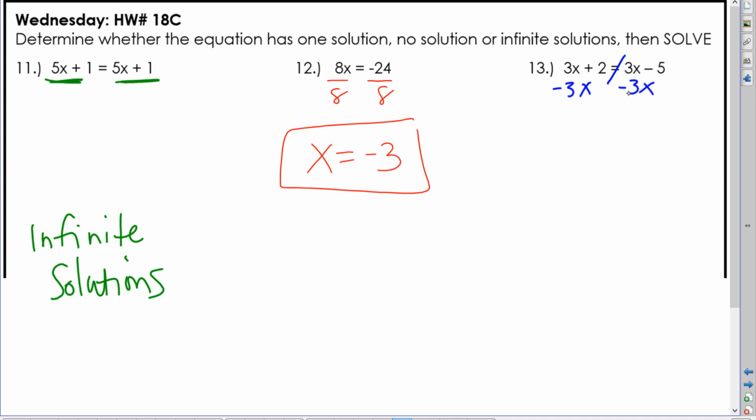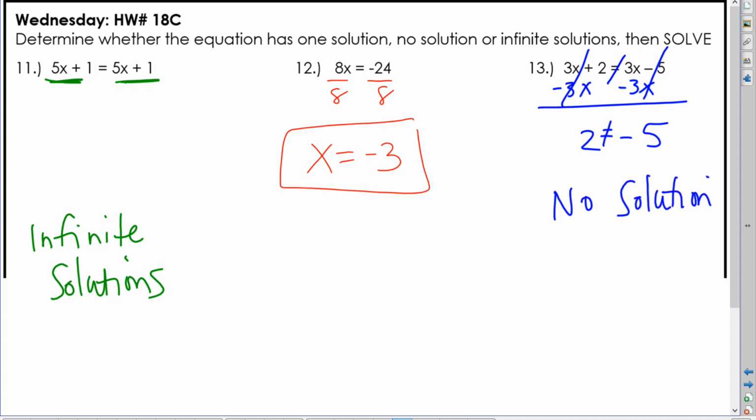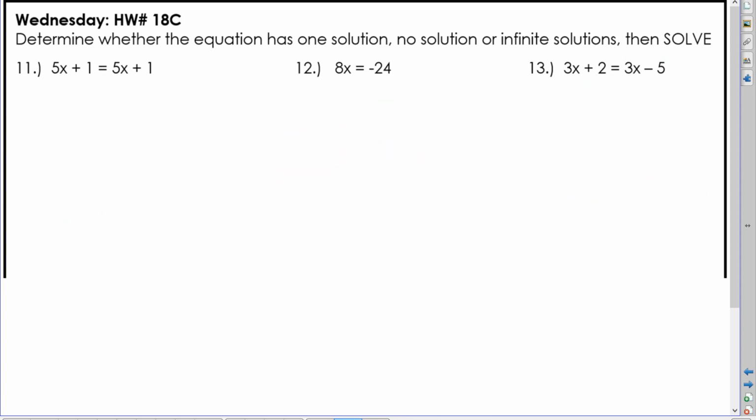If I subtract 3x from both sides, I'm going to get a 2 on the left and a negative 5 on the right, and those two numbers are not equal. So that's why this one is no solution. So you can tell just from inspection, that means just using your eyeballs here, when you have the same variable on both sides, but the constants are different, that's no solution.